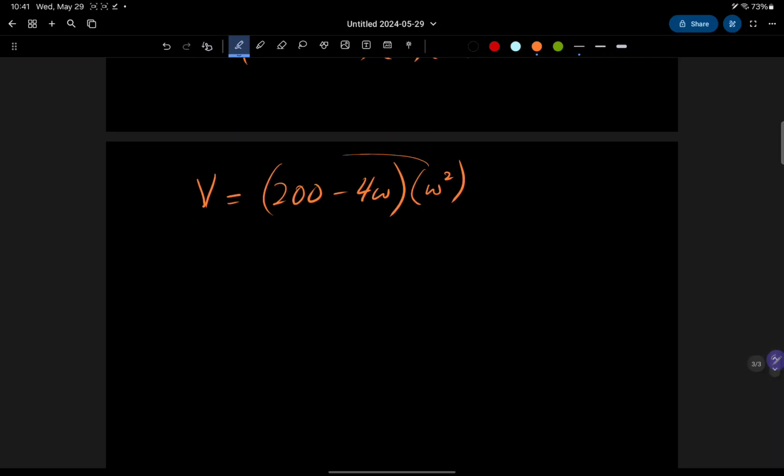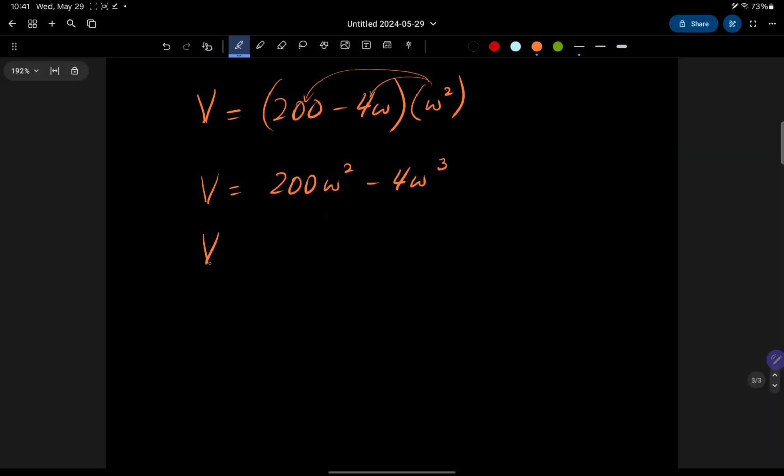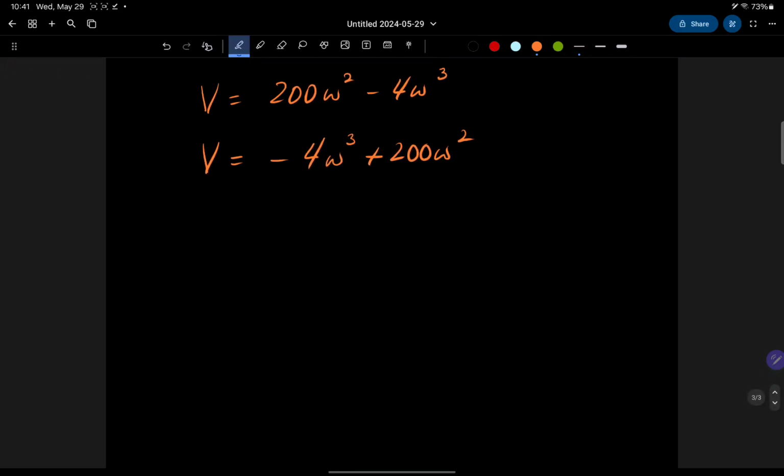If we expand and multiply W squared by these two terms, we end up with the volume equals 200 W squared minus 4 W cubed, which I'm going to write in standard form as negative 4 W cubed plus 200 W squared.